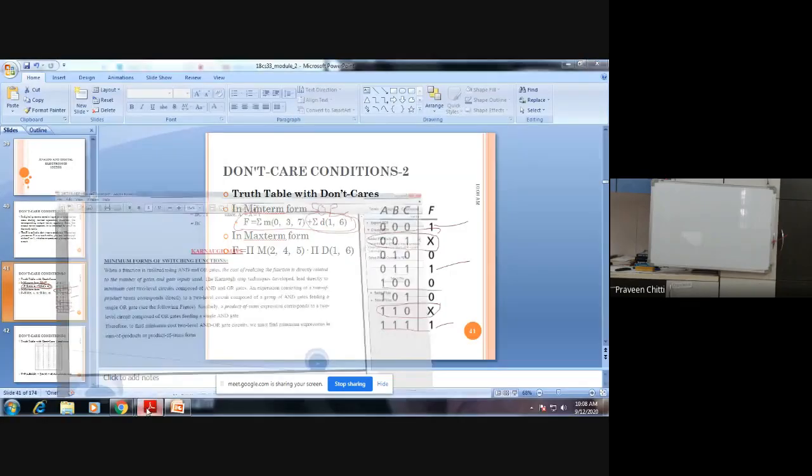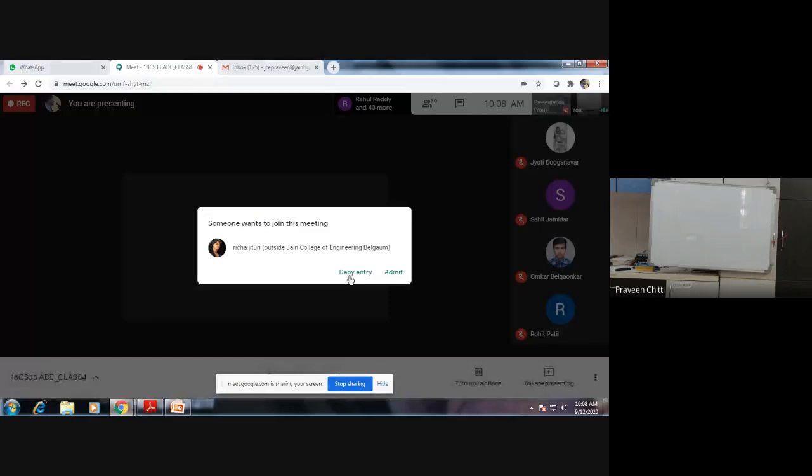You can see F equals pi m, product of maxterms. Which maxterms? Corresponding to zeros, that is 2, 4 and 5. But here, product of this dot pi d 1, 6. That means don't care comes in both SOP form as well as in POS form. I hope it is clear. Don't care comes in both.